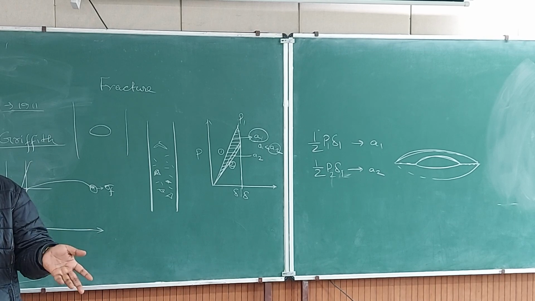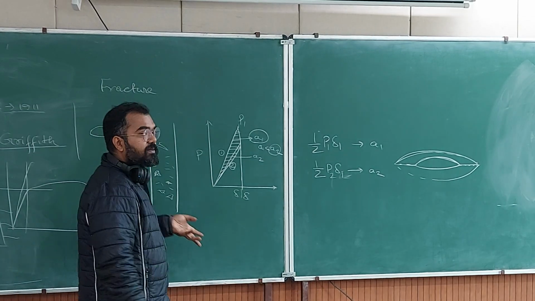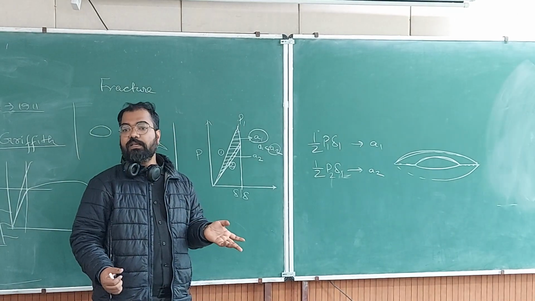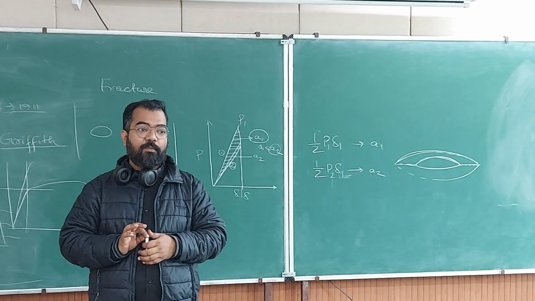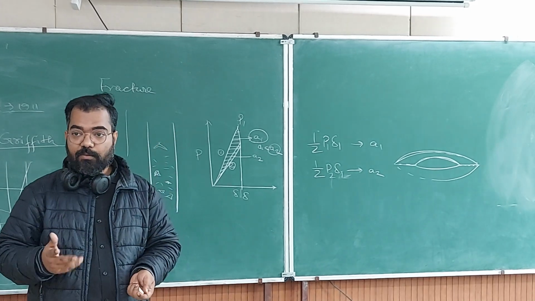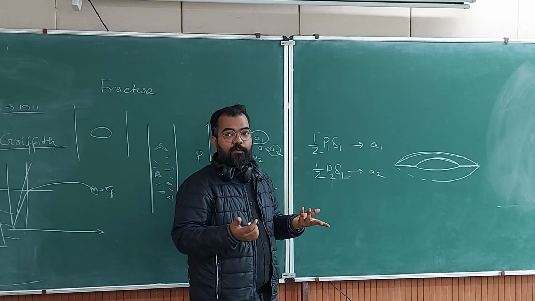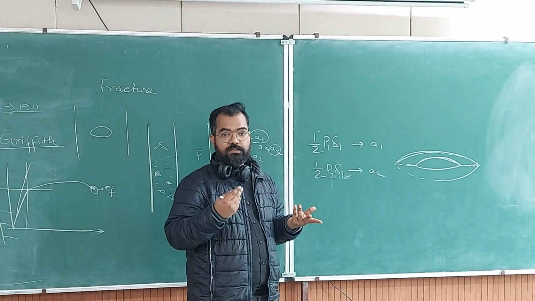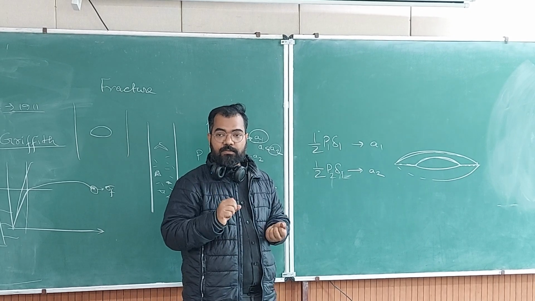Atoms don't want to be on the surface, okay? So you are forcing them to be there, and that's the end product. Before that, any material will try to move and flow so that we don't have to make the surface. That's what the atom thinks, probably. But in the end, if you are not stopping the force or displacement, surface has to be created, and then you have to put some atoms at the surface.